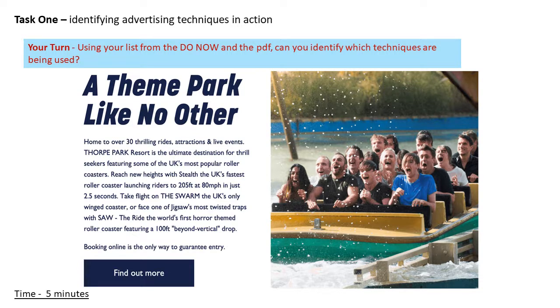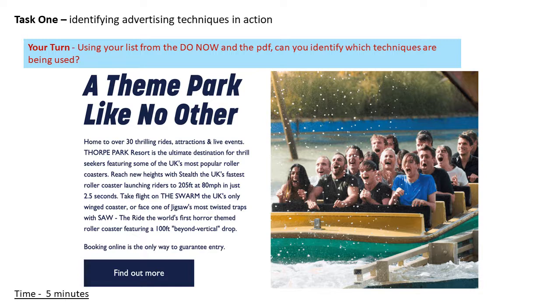So, once again, using your list from the Do Now and PDF, I'd like you to identify the techniques being used in this advert. A theme park like no other, Thorpe Park. Home to over 30 thrilling rides, attractions and live events, Thorpe Park Resort is the ultimate destination for thrill seekers, featuring some of the UK's most popular roller coasters.